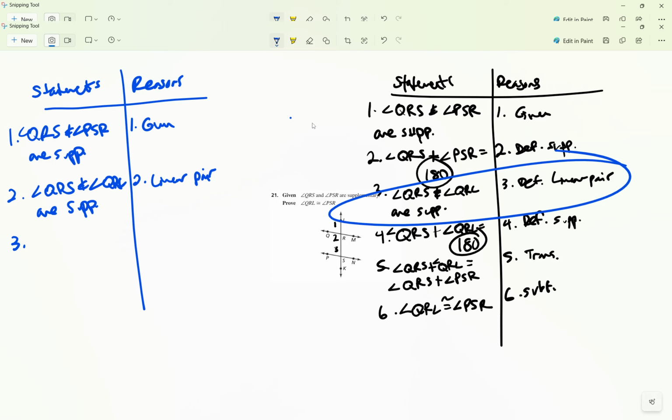And now, here's what I know. You guys remember we have a theorem we can use here. It's going to make this short because we already did this whole proof. We don't have to relive this every single darn time. So it's going to be that angle QRL is congruent to angle PSR because of the congruent supplements there.